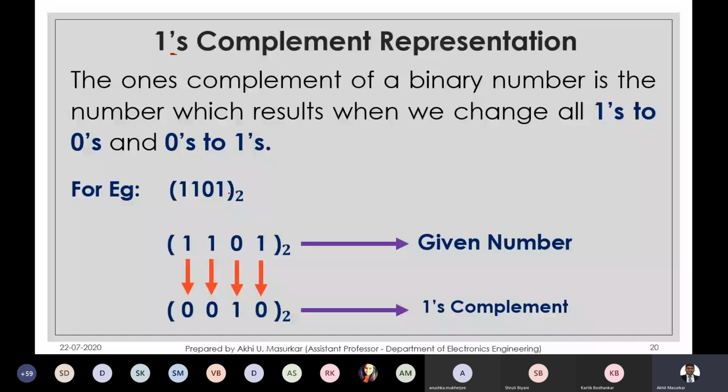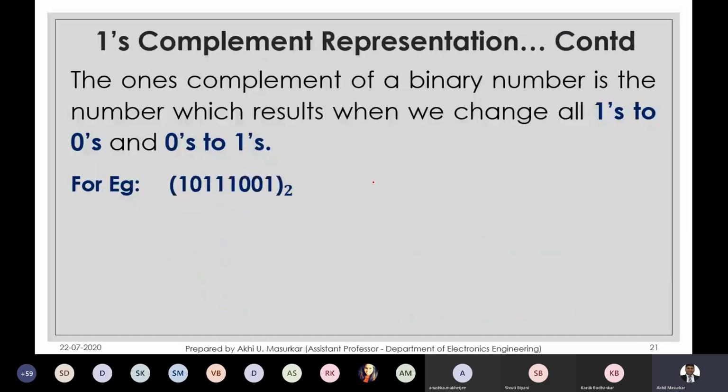We never say take ones complement, though it is actually ones complement, but we just casually say take the complement of 1101, and the complement of 1101 would be 0010. So complement and ones complement are not different. They are one and the same thing.